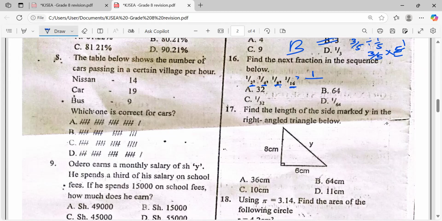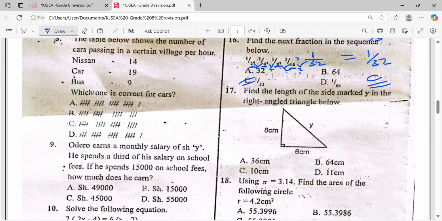But for the denominator, we multiply by 2. 2 multiplied by 2 we have 4, 4 multiplied by 2 we have 8, 8 multiplied by 2 we have 16, and 16 multiplied by 2 we have 32. Very good. Our answer is 1 against 32, which means our answer is C.